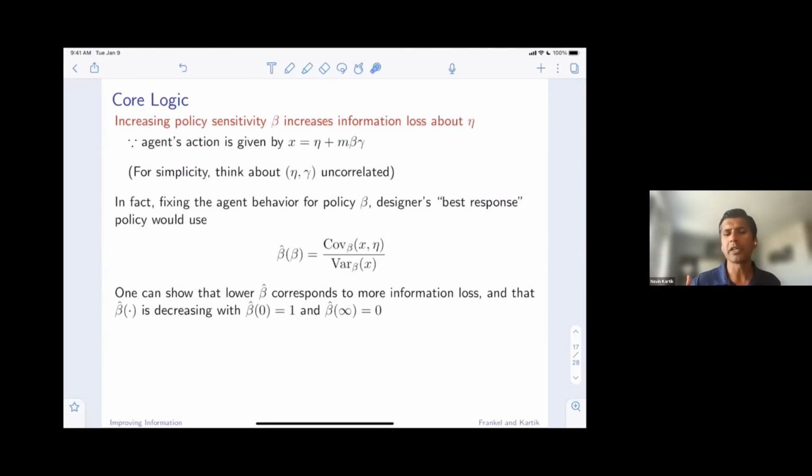Well, then the designer's optimal policy in response, the best response policy, would actually be to use not beta, but a different sensitivity, beta hat, which is simply given by the OLS formula for the best linear estimator of the agent's type eta from the agent's action X. And we can do OLS here because of our linearity restrictions. So this is simply the OLS formula.